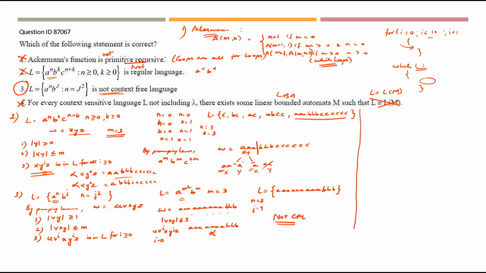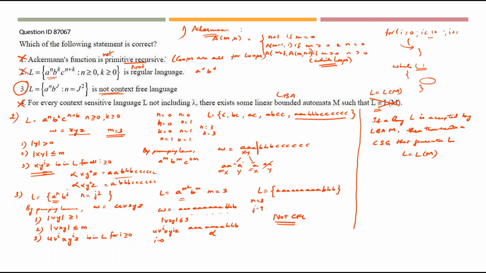They have also said if a language L is accepted by linear bounded automata M, then there exists a context sensitive grammar that generates L. So this statement is also supporting L is equal to L of M. Since they have given it is not equal to, we are marking this also to be a wrong statement.